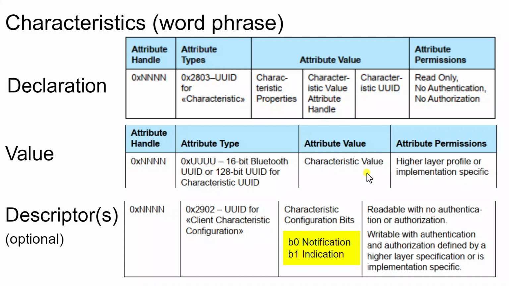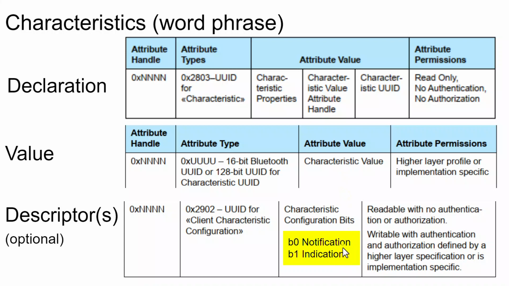And what that means is, if the client, so the client is the Bluetooth device that's connecting to this database, says, hey, I want to know when that counter changes value, it can set in the properties here that the characteristic, if this is set to allow notification or indication, then the client can say, yes, I do want notification and indication. So as soon as this value changes, I want to be notified by it or indicated by it.